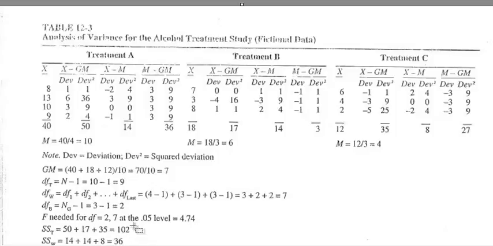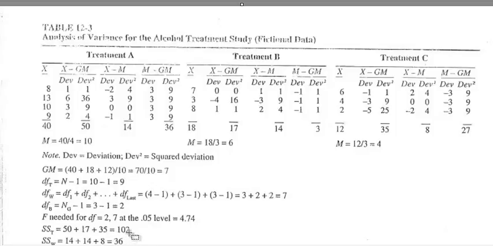Okay? This tells us that not everybody across these three groups fell exactly at the grand mean. So we're trying to figure out why everybody is not falling at the grand mean. One reason is that the treatment means are significantly different, or at least one of the treatment means is significantly different from that grand mean, and then that's creating some of this.